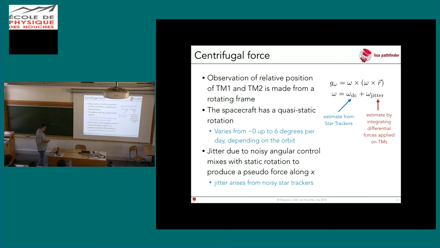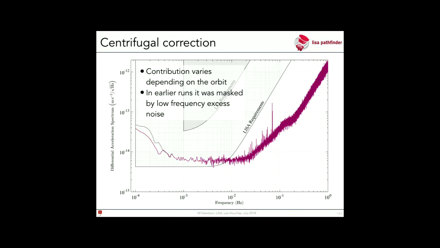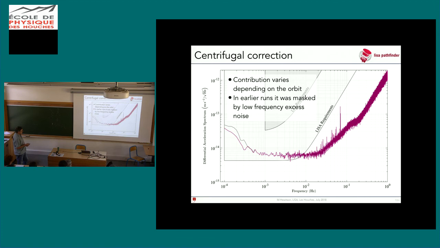This hadn't been thought of on ground before, but we actually have a measurement system here which is all effectively on the optical bench, and it's jittering rotationally with the spacecraft. So we have a rotational measurement system, okay? So our measurement is made in a rotating frame of these two test masses. So we have all the pseudo forces that go into that, and we hadn't estimated those before, and we had to do that in order to explain some of the low frequency noise, okay? So when you do that, you can correct for some more of that noise.